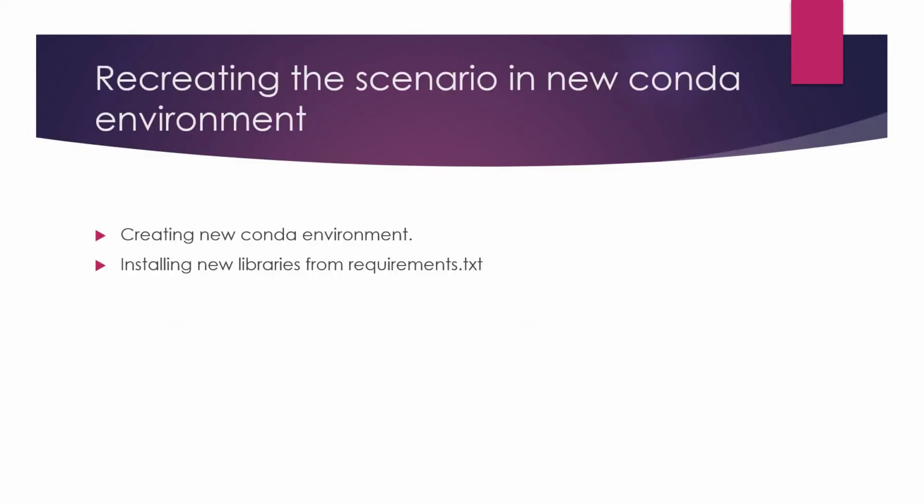I tried to recreate the same scenario on my local machine again. So I created a very fresh Conda environment with no packages installed at all. And then I'm using the same requirements.txt file which I have pushed to that Azure server, and from that requirements.txt I'm installing all the packages. So the basic idea is this.